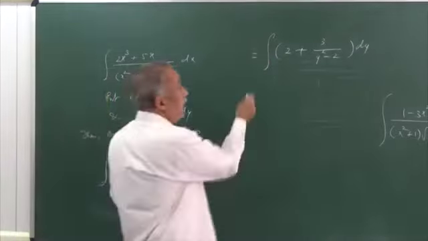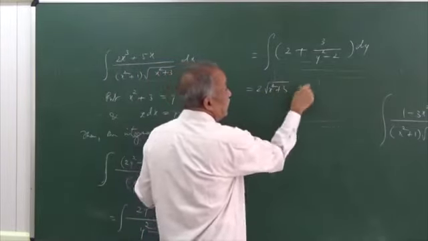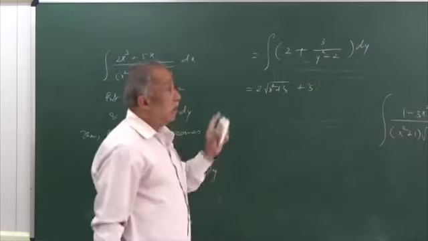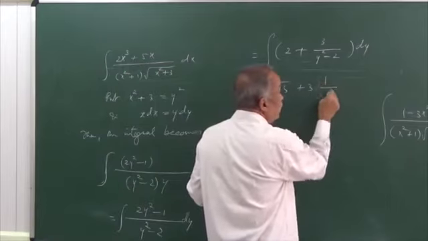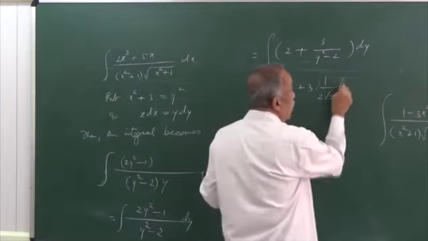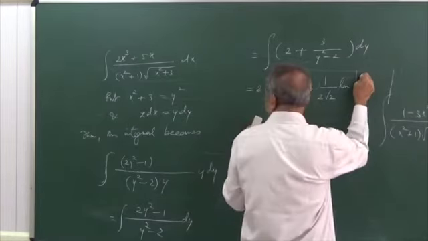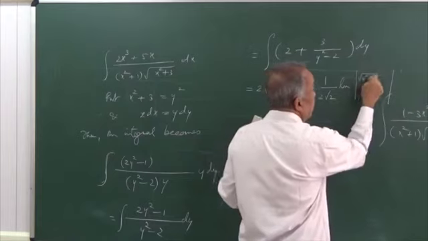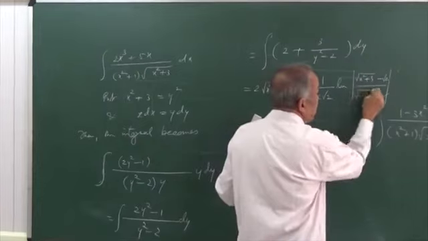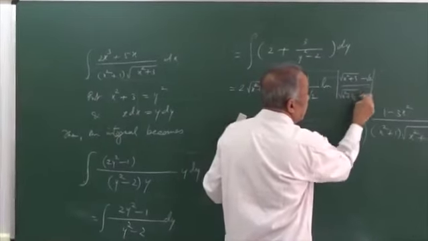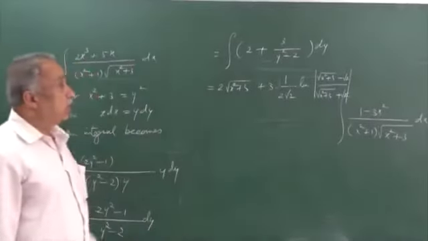On integration, I am getting 2y, that is 2 into the square root of x² + 3, plus 3 into the integral of 1 by y² − 2. Use of a standard result, 1 by 2a log of the modulus of (y − a) by (y + a), where y is the root of x² + 3, a is root 2, plus an arbitrary constant which need not be included at this stage.